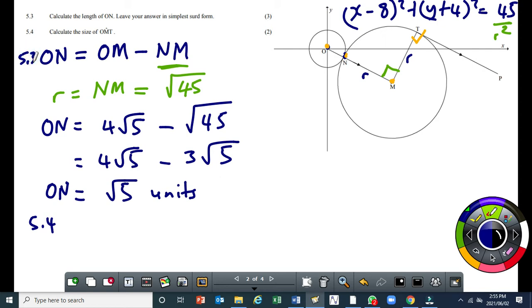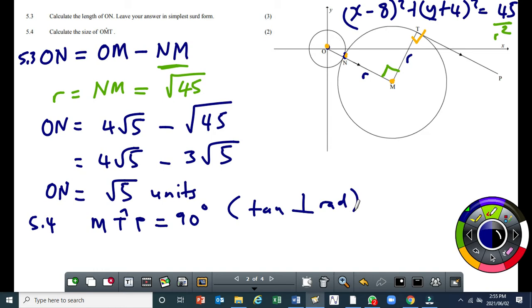For 5.4, the first thing that we have to write is to say MTP is equal to 90 degrees. You're using tangent perpendicular to radius, or tangent perpendicular to diameter. Okay, remember when I taught you analytical geometry, I told you that the grade 12 component requires knowledge of circle geometry.